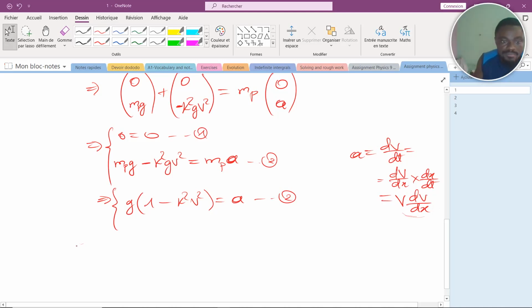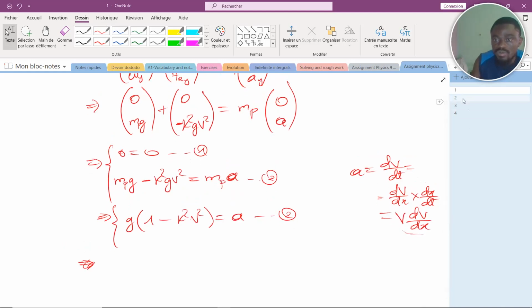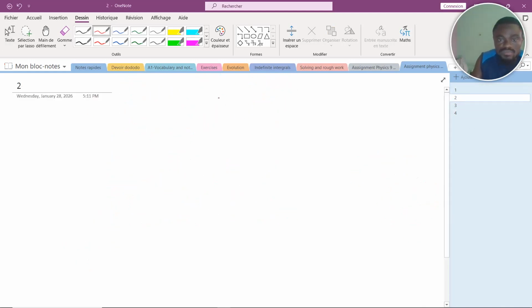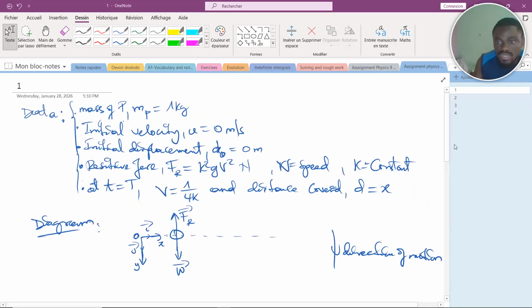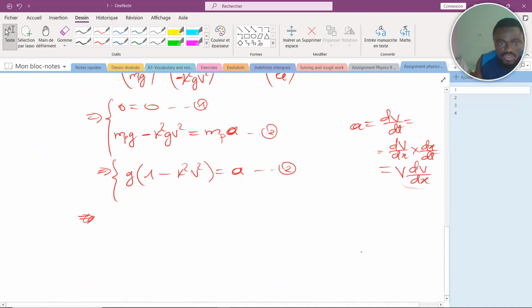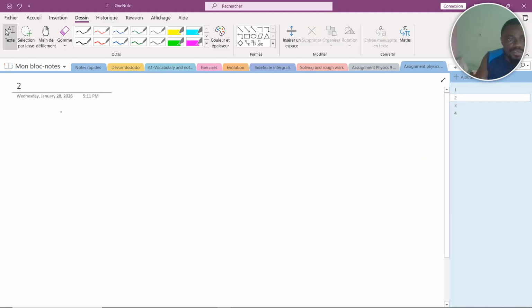Let me go on the next page. On this page we had g(1 − k²v²) equals a.